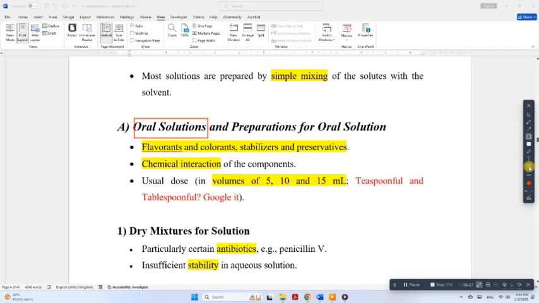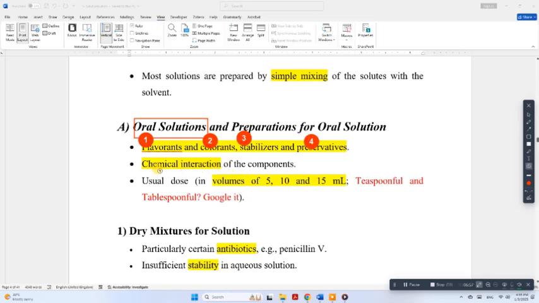We need to be familiar with the constituents of oral solutions because, in many cases, they will contain flavorants. Flavors are desirable in order to make the medicine more attractive to the patient. They flavor it, for example, with lime, orange flavors, etc. Also, for the same purpose, to make it attractive, they may color it. They may also add stabilizers. Stabilizers mean that you don't want deterioration to happen during storage.